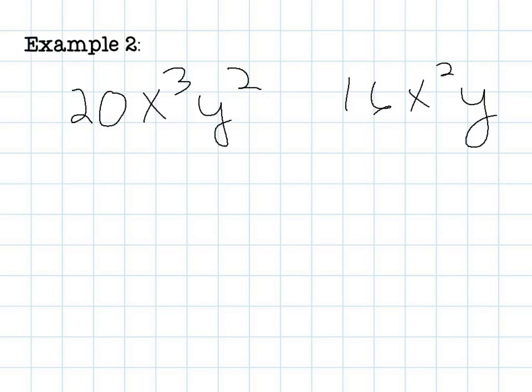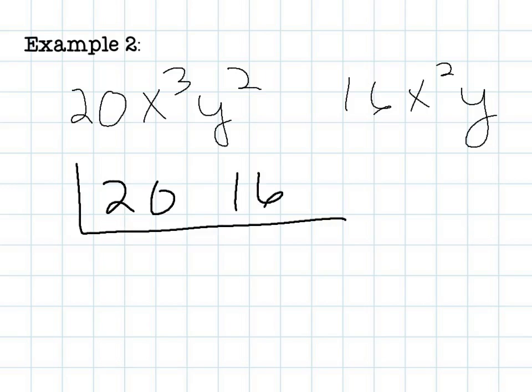Now, on an example like number 2, where we have numbers and variables, what we want to do is find the LCM and GCF of the numbers and then find the GCF and the LCM of the variables. So in this case, if we take 20 and 16 and do our factor ladder, 20 and 16 have a common prime factor of 2.